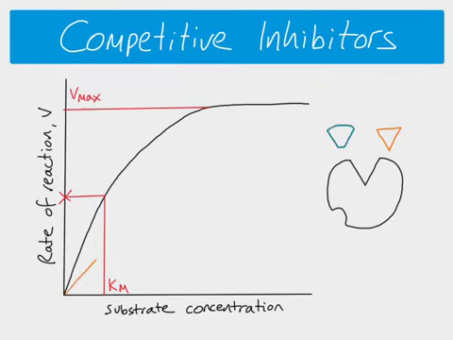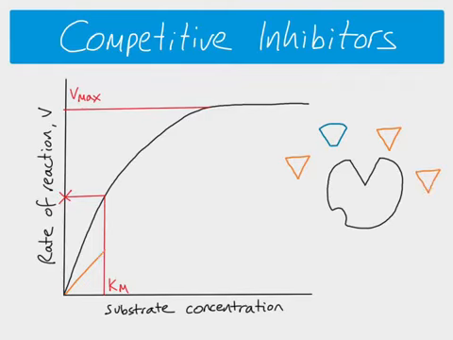However, when we have an inhibitor, the initial rate of reaction is less when the competitive inhibitor is present. That's because the competitive inhibitor is able to block the entry of our substrate. So in a given amount of time, fewer substrate molecules are able to enter the active site, and so the reaction proceeds more slowly.